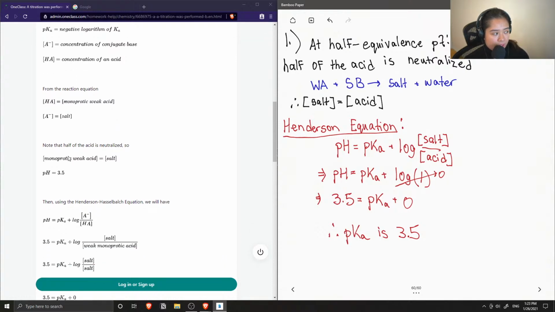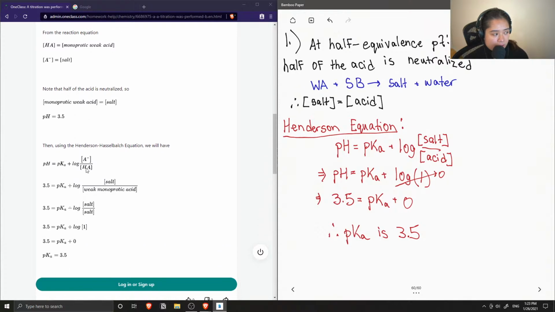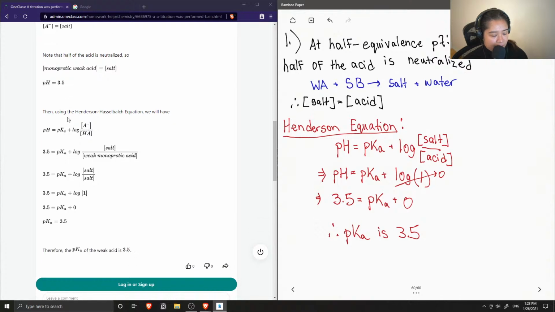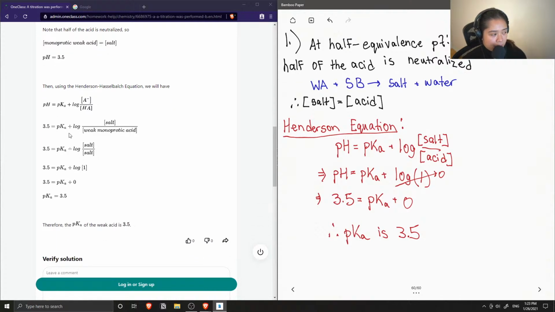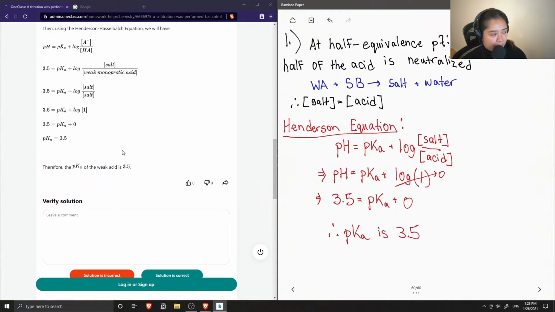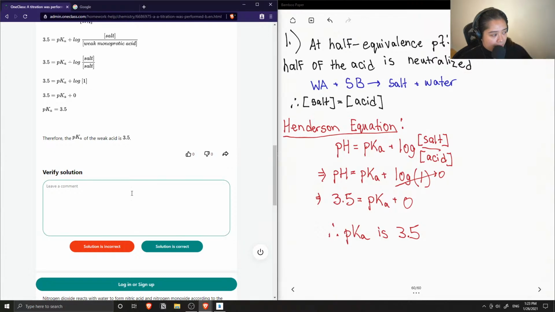Note that half of the acid is neutralized, so the monoprotic weak acid's concentration is equal to the concentration of the salt, and we also know that pH is 3.5. So when they plugged everything into the Henderson-Hasselbalch equation, they also got a pKa equal to 3.5. So this solution is correct.